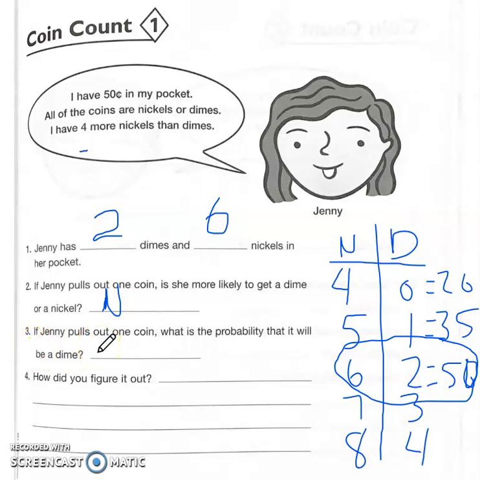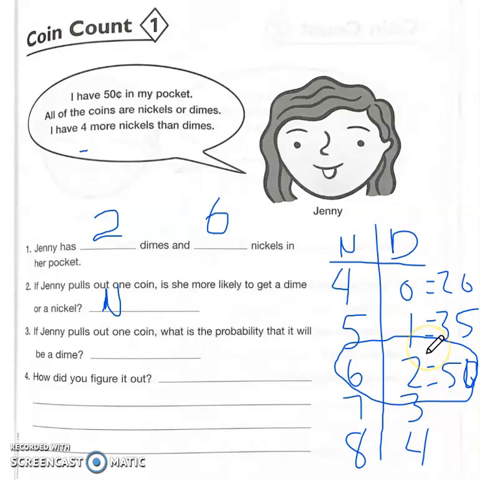So probability we're going to write as a fraction. Okay? So the question is, in a fraction, the numerator, the number that goes on top, is our positive outcomes, and the denominator is the total possible outcomes. So when we say total possible outcomes, we want the total amount of coins that she had in her pocket.